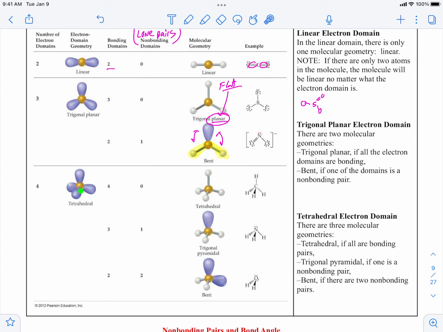Four domains. The shape of 4 domains is called tetrahedral. Tetrahedron means 4-sided. That's where that name comes from. Because if you think about it, it's a 4-sided pyramid. It's a 4-sided shape with the triangle base.